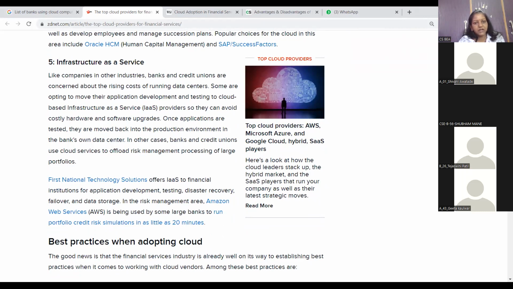Once applications are tested, they are moved back into the production environment in the banks' own data center. In other cases, banks and credit unions use cloud services to offload risk management processing of large portfolios.